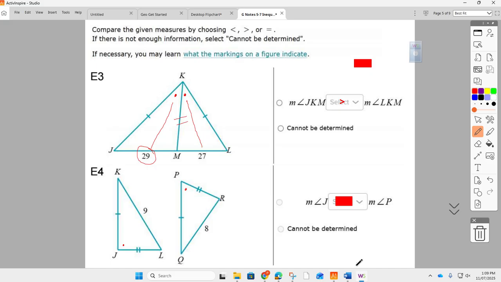How do you know? Very good. KL, the 9, which is across from that angle, is bigger than 8, which is the length of QR on this angle. You're exactly right. That's all we're doing here. You may have to toggle this on your Alex assignment, but that'll be pretty easy to figure out.